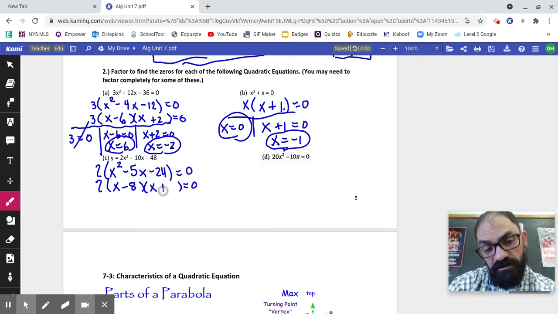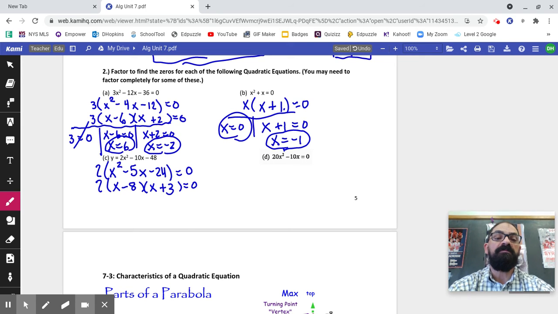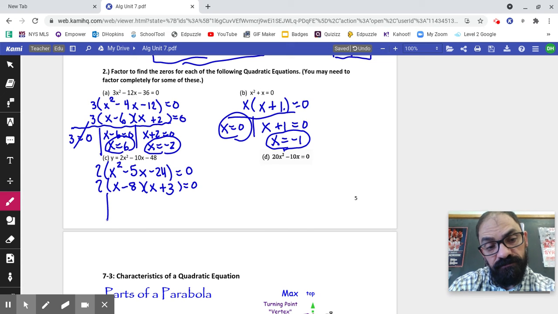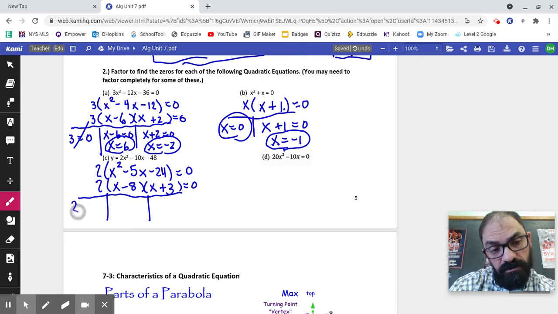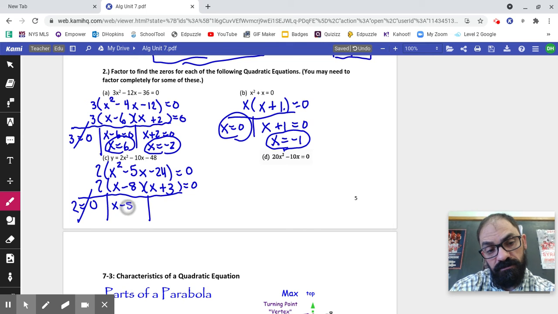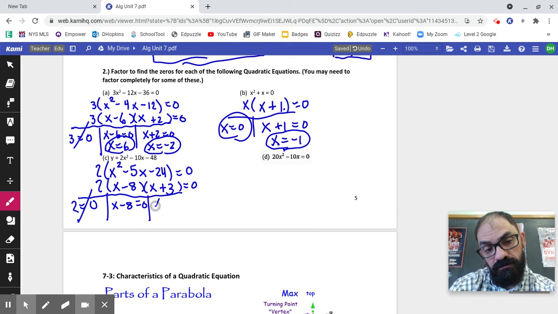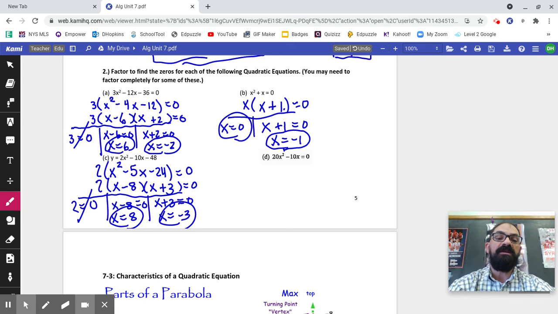Negative 8. Positive 3. Multiply to get negative 24. They add to get negative 5. Once again, we know 2 does not equal 0, so reject that. So 8 and negative 3.